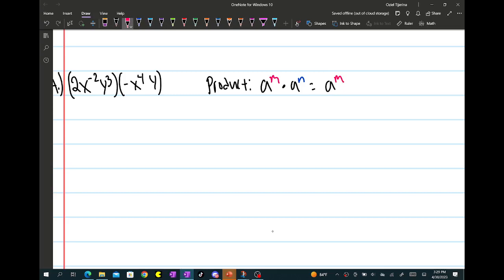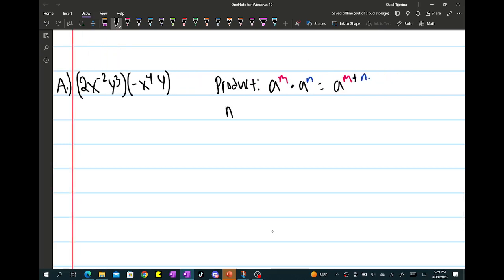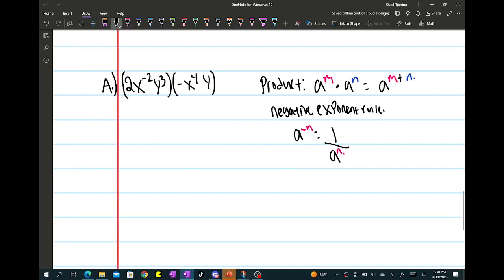This is the product property of exponents, and we're going to use that here. Also, there's the negative exponent rule, such that a to the negative n is equal to 1 over a to the n. So let's go ahead and do this.